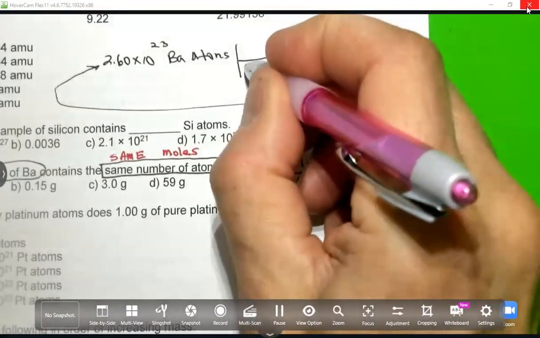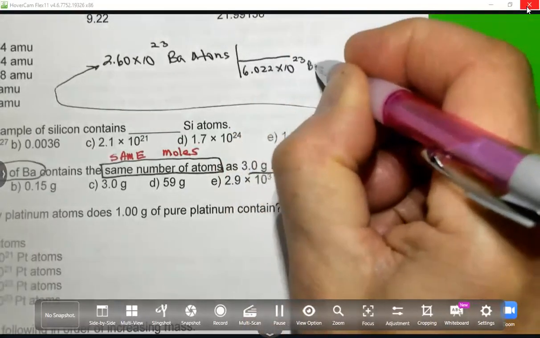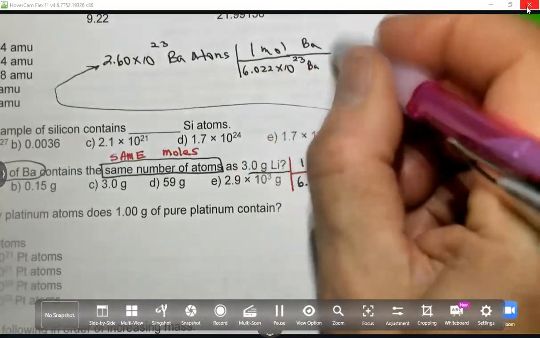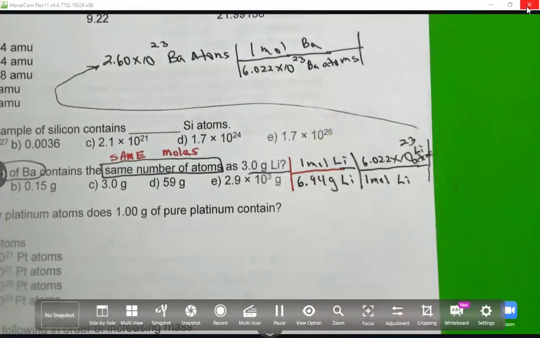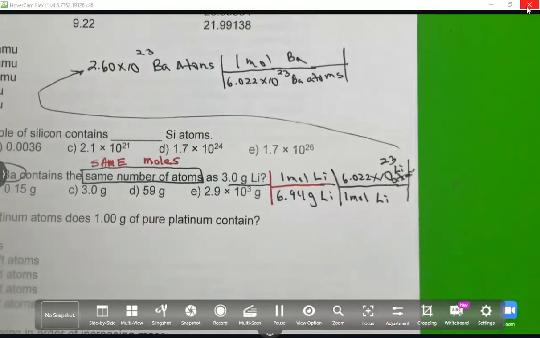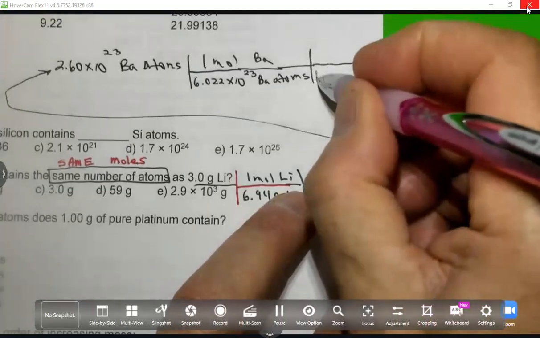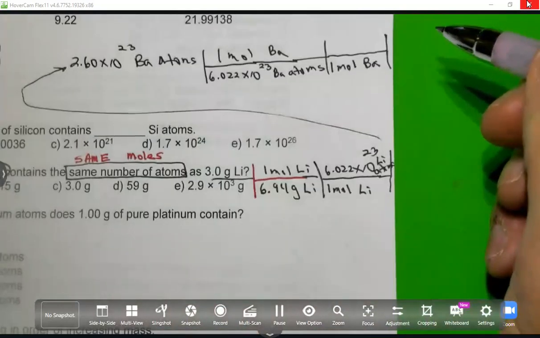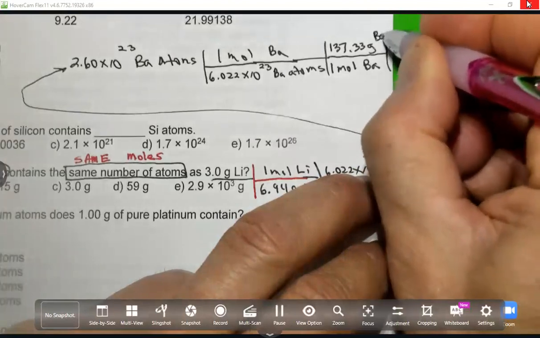Now we would divide by 6.022 times 10 to the 23rd barium atoms in 1 mole. Then we could go 1 mole of barium to 137.33 grams.